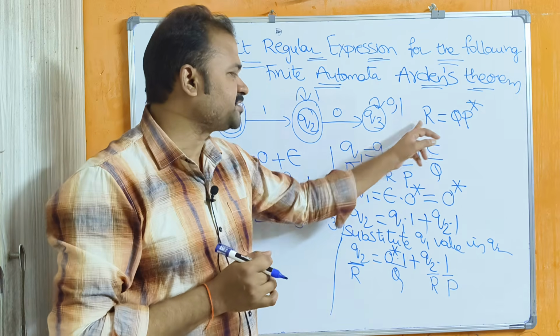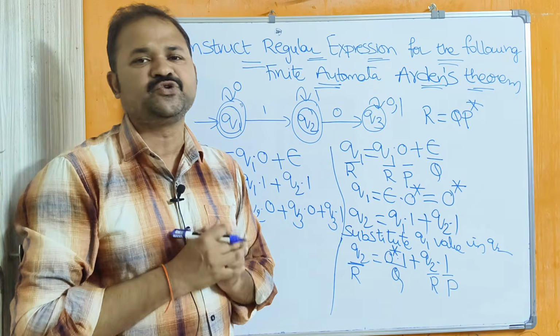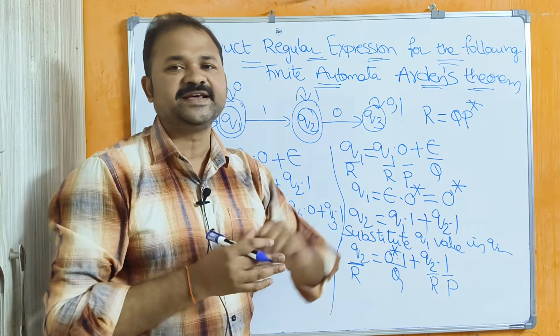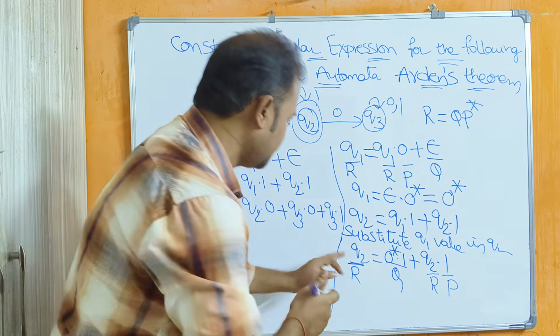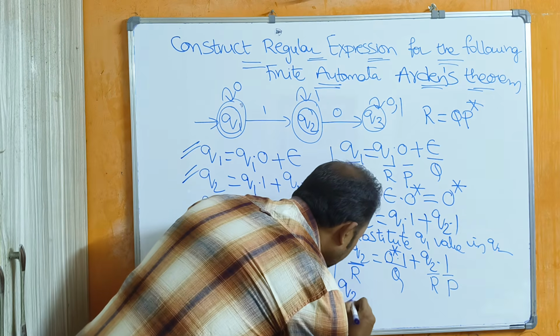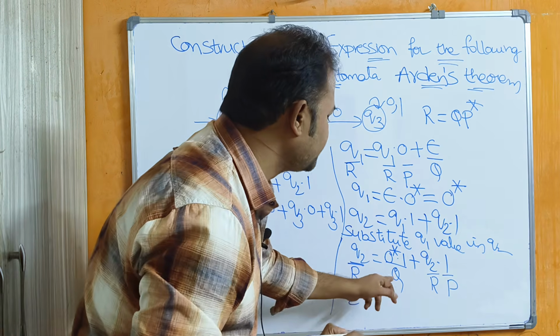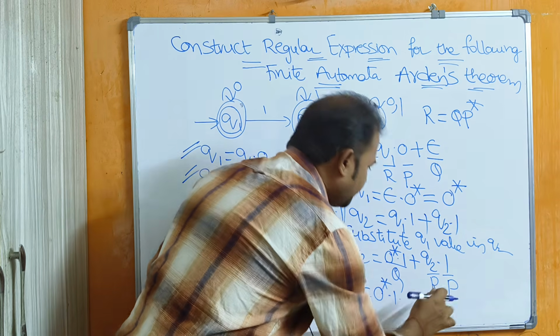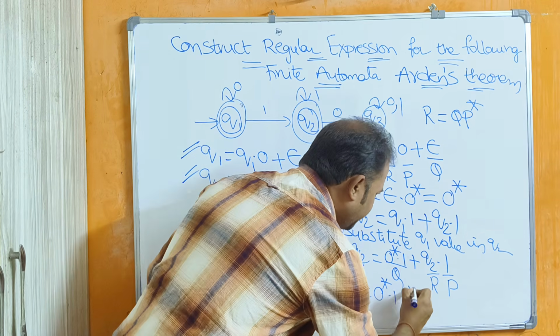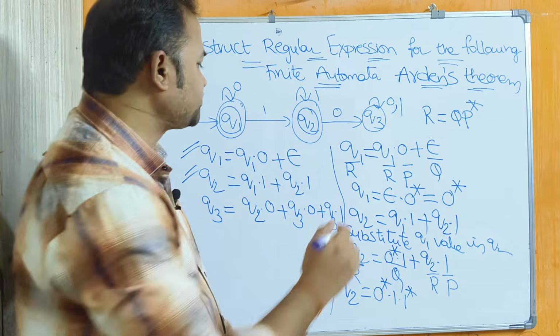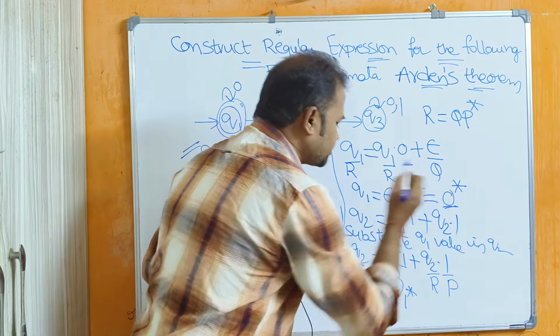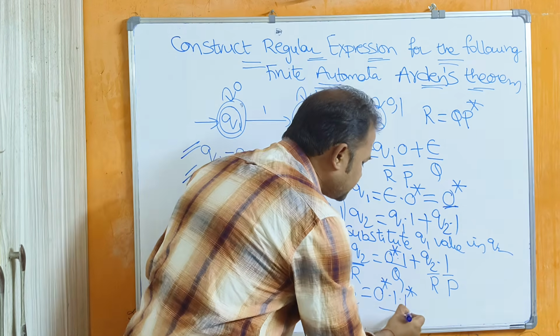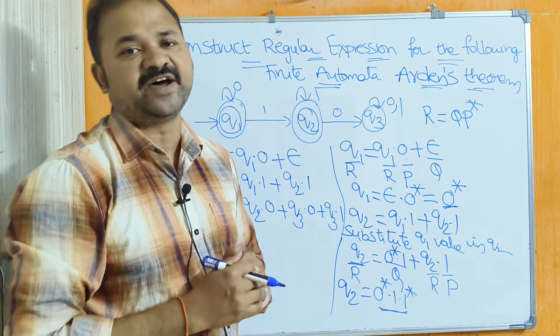If your regular expression is in the form R equals Q plus RP, then the solution is R equals QP star. So here Q2 equals QP star. Q is 0 star 1, into P star, and P star means 1 star. So now the Q1 regular expression is 0 star, and the Q2 regular expression is 0 star 1 1 star.